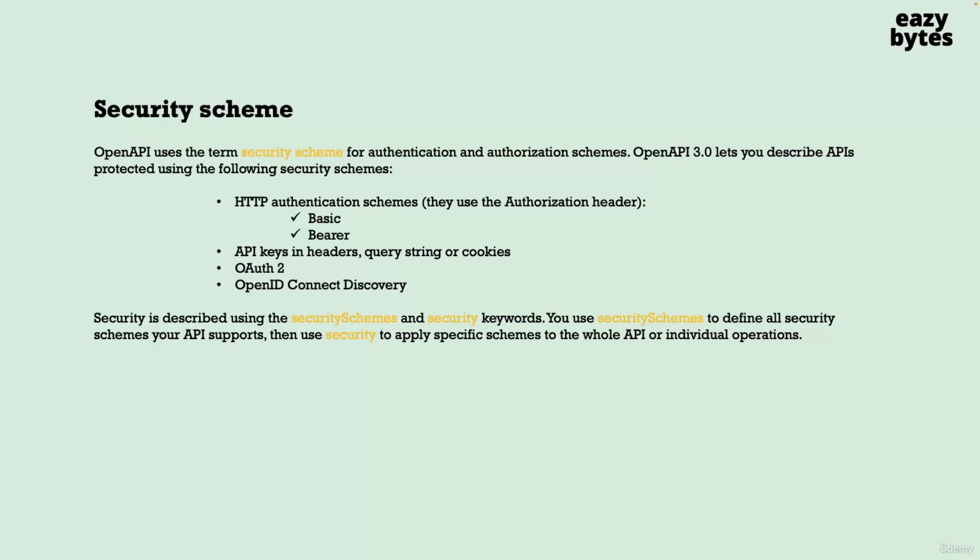So this is just an introduction I want to provide. If something is not clear, don't worry. When we implement this inside our OpenAPI specification document, then it will be super clear for you. But for now, please note that we need to use the security schemas and security keywords to describe the security of our APIs inside our OpenAPI specification.